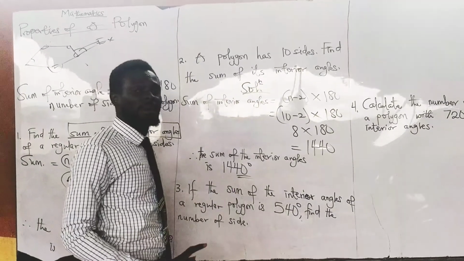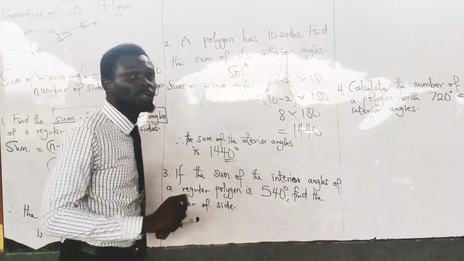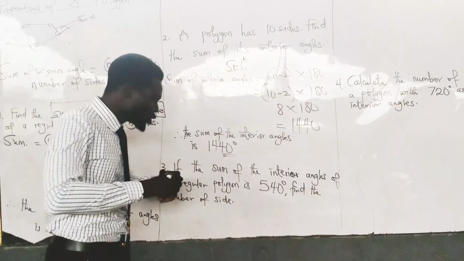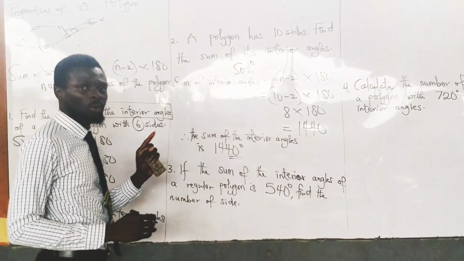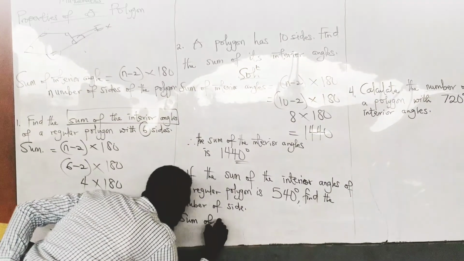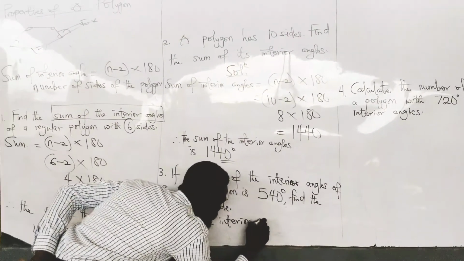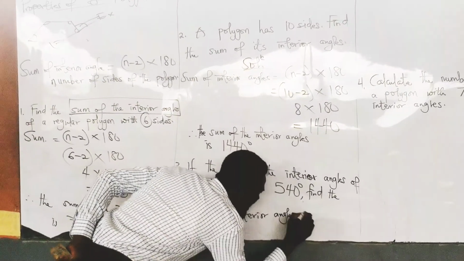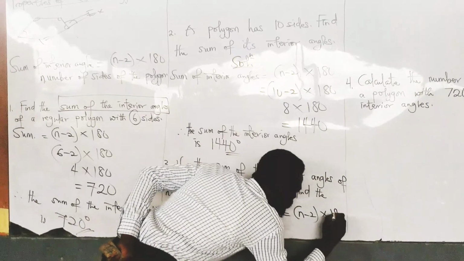So calculate the number of sides. It is easy if we are able to do substitution using the formula. We know that the sum of the interior angles is calculated as n minus 2 times 180.